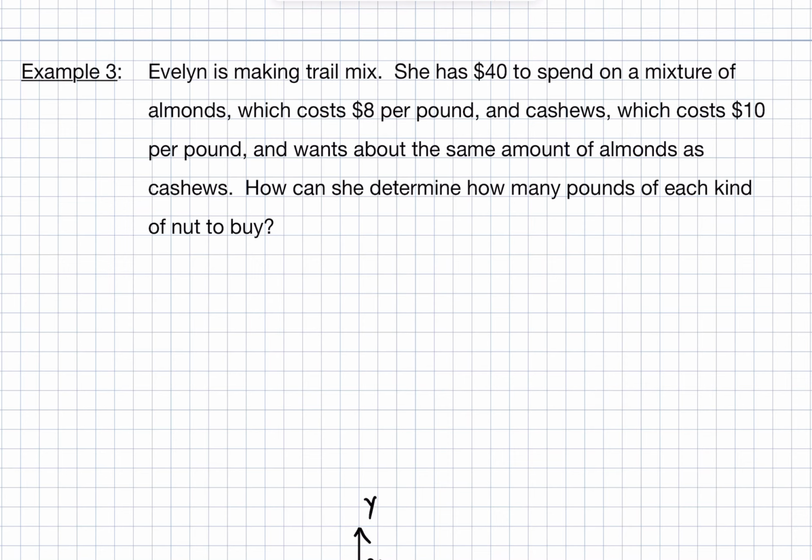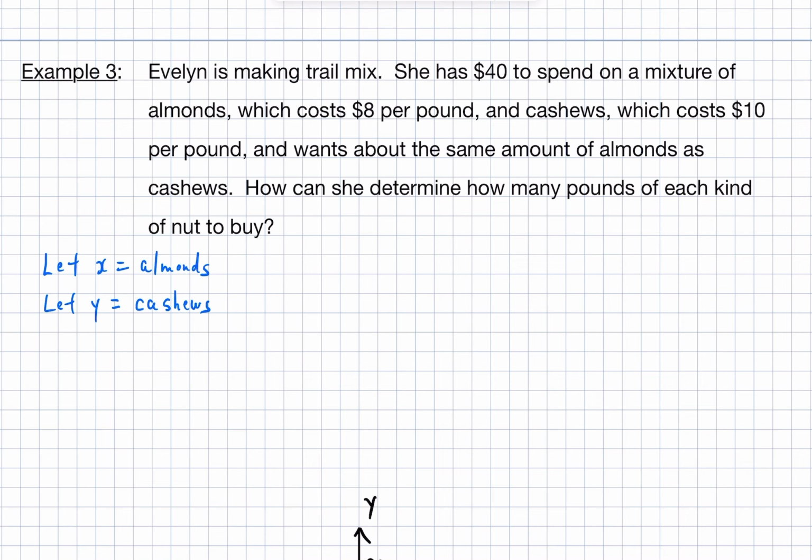Okay, well, let's go ahead and set this up. First, we're going to say let x equal almonds. And we're going to let y equal cashews. Okay. And then to set up the equation, we know that almonds cost $8 per pound.